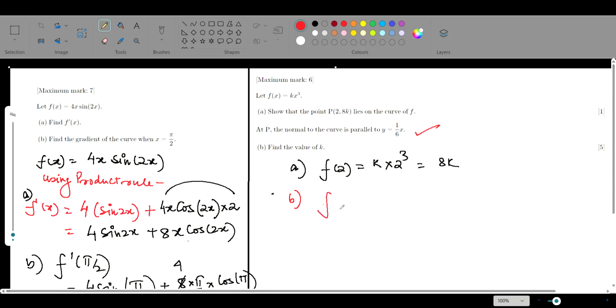First I need to differentiate the given function, which is 3 times kx squared. f dash 2 will be 3 times k times 2 squared. It's 4 times 3, which is 12k.